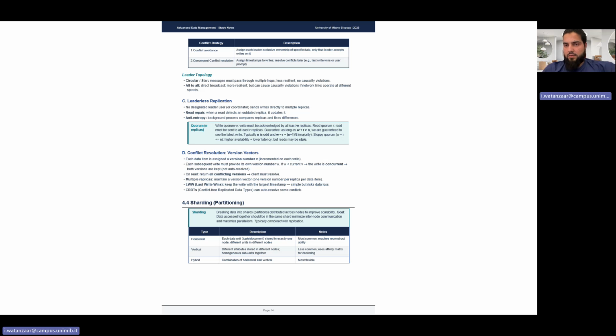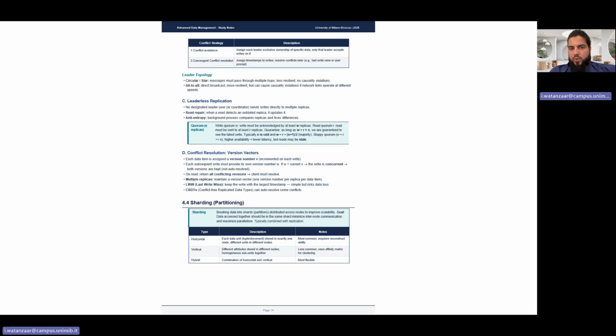Assign timestamps to writes and resolve conflicts later. This is actually not solving the problem immediately, but the conflict can be resolved later, by last write wins or by prompting the user. These are strategies applied later on.